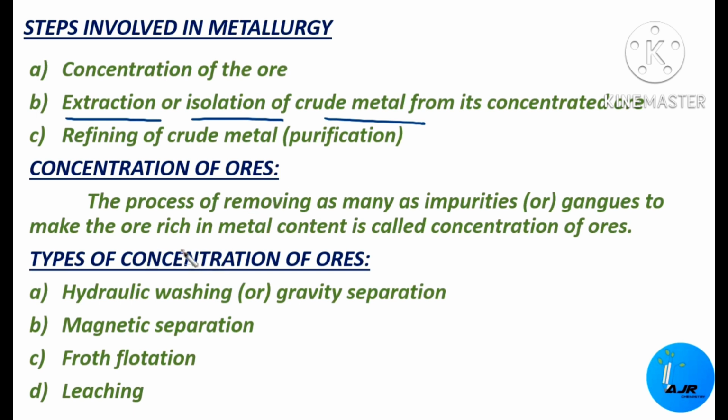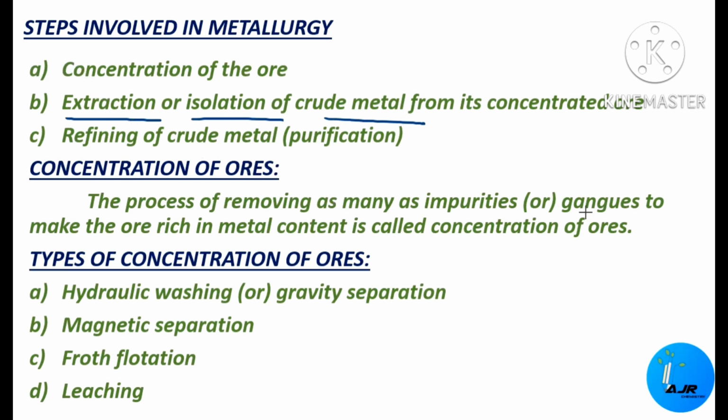See, the ores are normally associated with non-metallic impurities. That is why this step, concentration of ores, is undertaken in metallurgy as a first step. Understood? Rocky materials, then siliceous materials, are collectively called gangue or matrix.